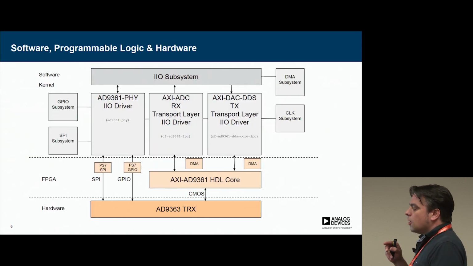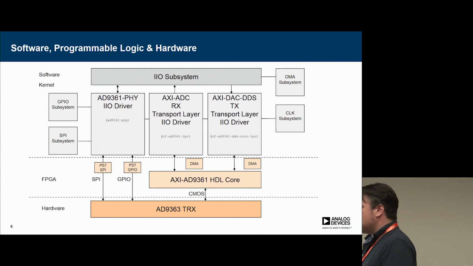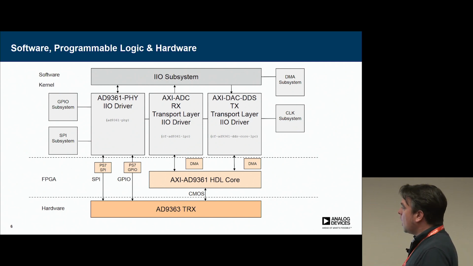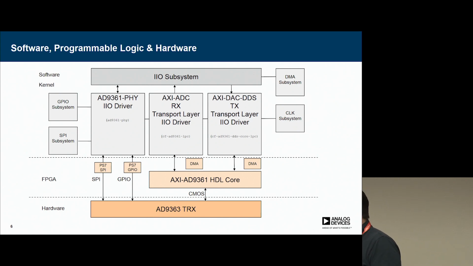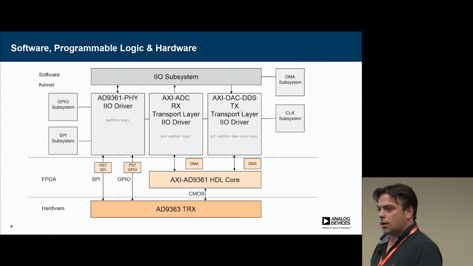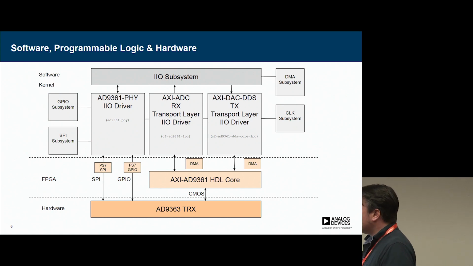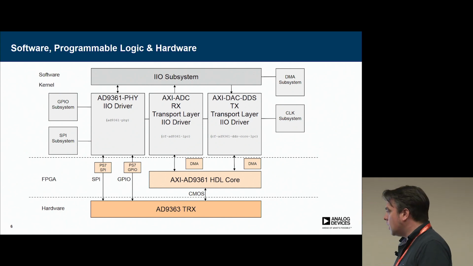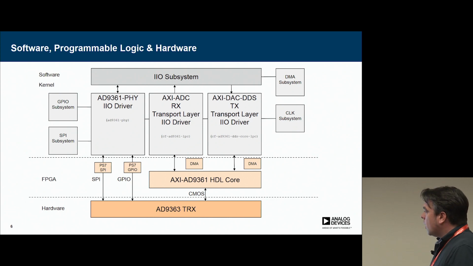Since we're going to talk about applications running on the Linux kernel, I want to show a little bit of the system architecture here. On the very bottom, we see the external hardware, the radio, the transceiver, and what's in the FPGA. We use blocks of the Zynq 7000 processing system. These are hard blocks: the SPI controller, the GPIO controller.